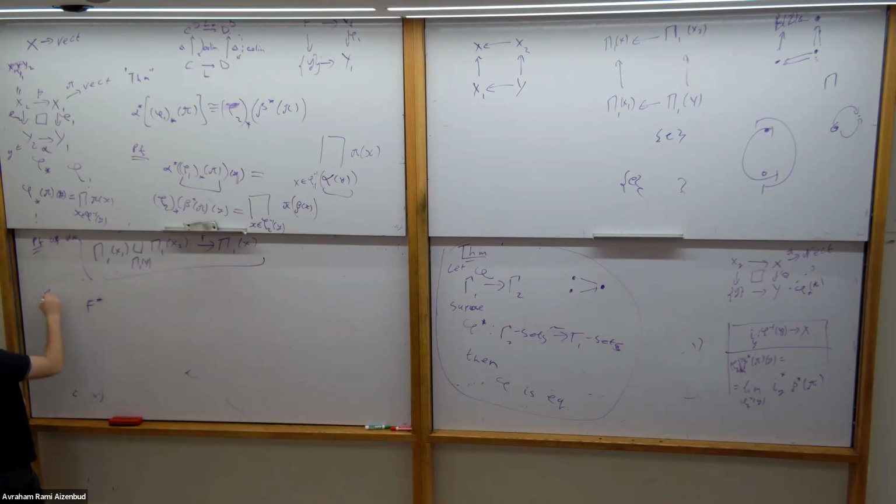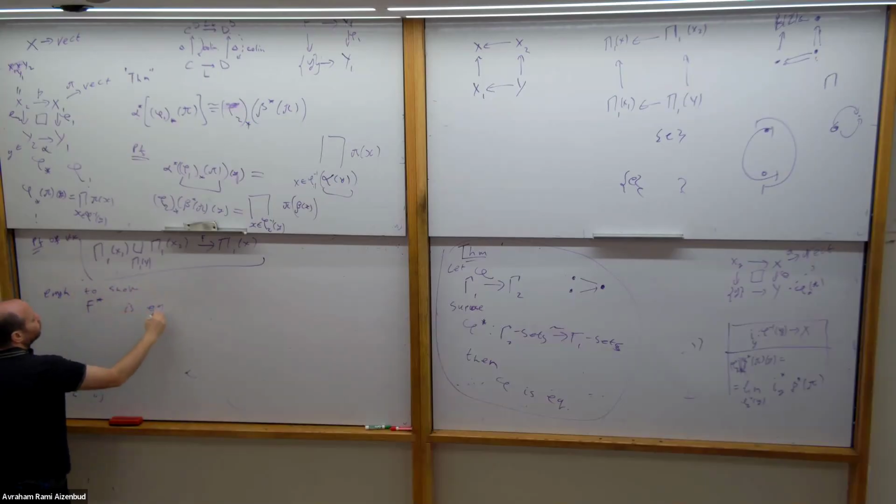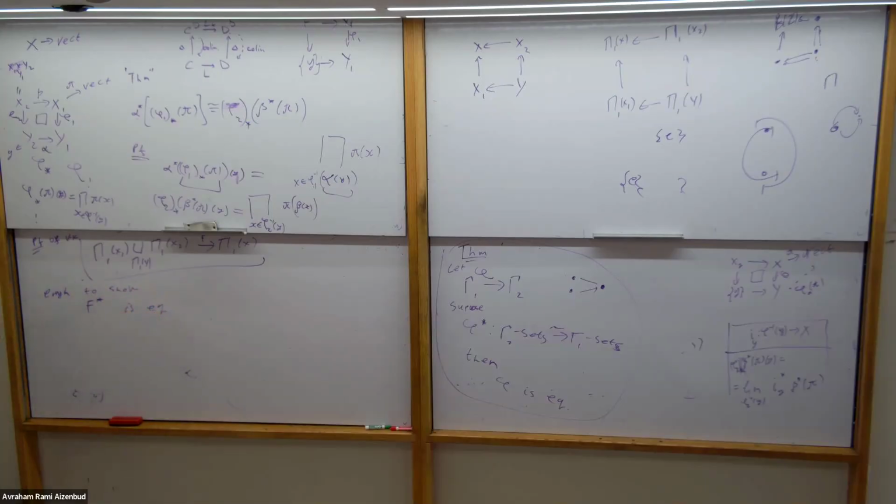So it's enough to show that F star is an equivalence. How do we show it? So what is F star?